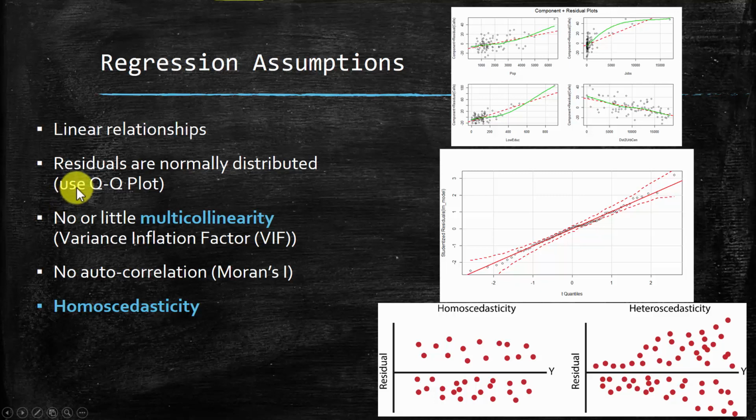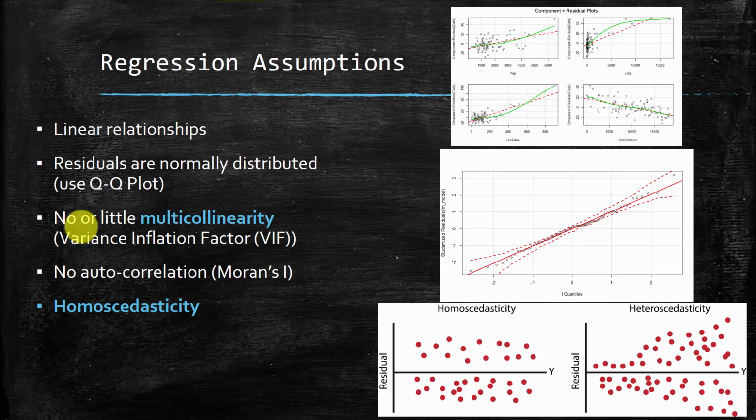There shouldn't be a lot of multicollinearity, which means the independent variables should not be heavily correlated with each other, and that's generally assessed using the variance inflation factor, or VIF statistic. You also shouldn't have autocorrelation in your data, so your samples should be independent of each other. Spatially, that can be assessed using the Moran's I statistic.